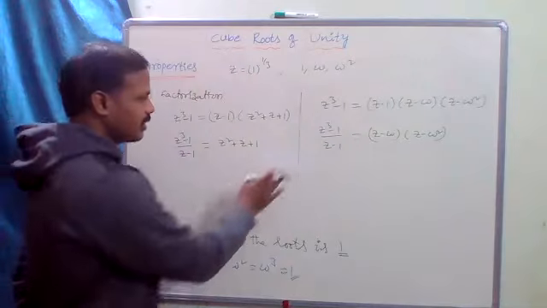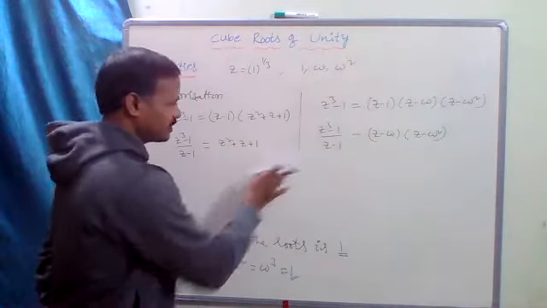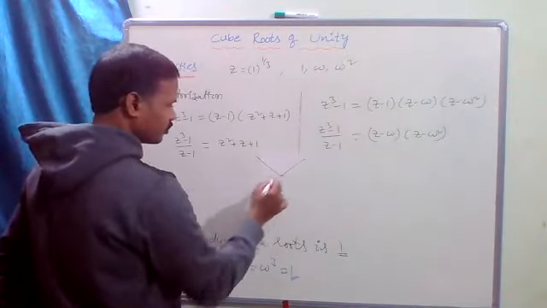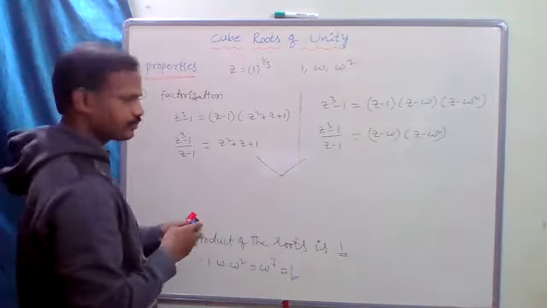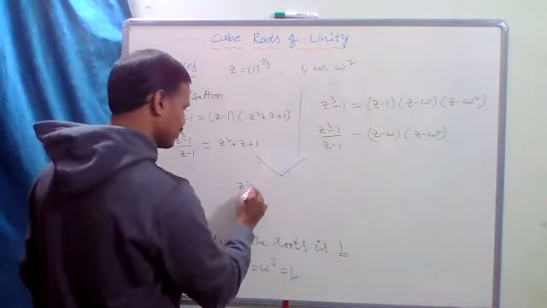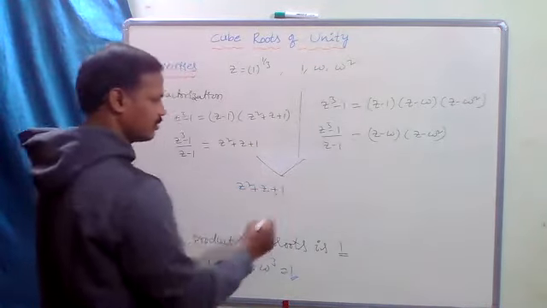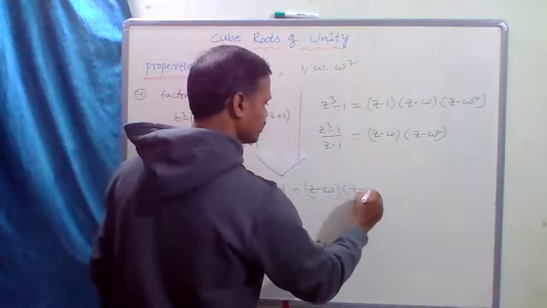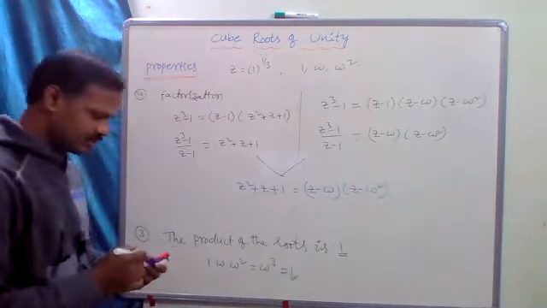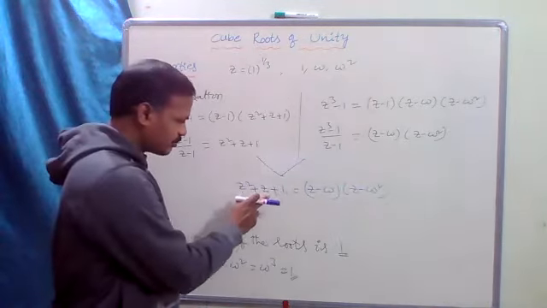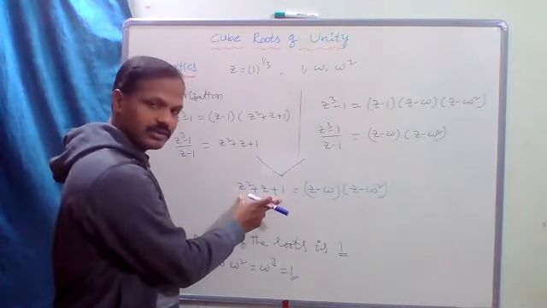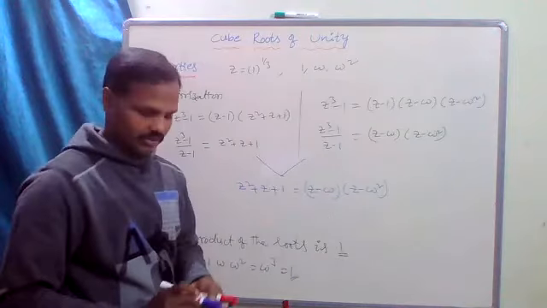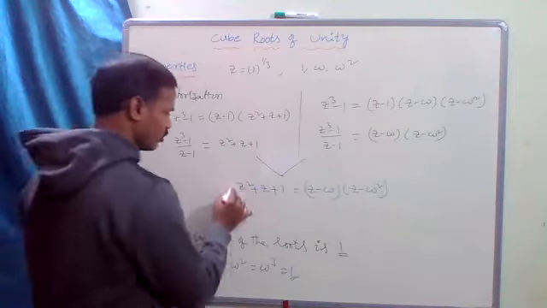If you compare these two expressions, we can conclude that z square plus z plus 1 equals z minus omega into z minus omega square. So the roots of the equation z square plus z plus 1 equal to 0 are omega and omega square. Remember, this is the most important result.